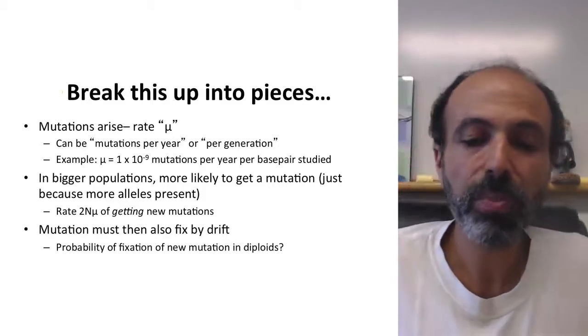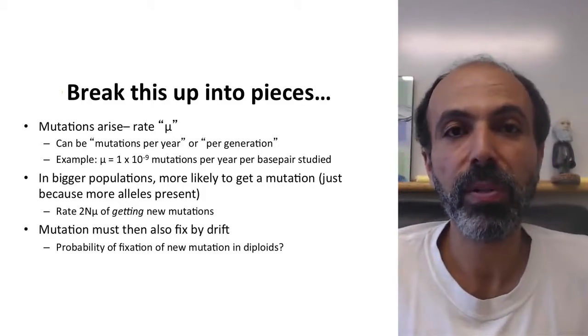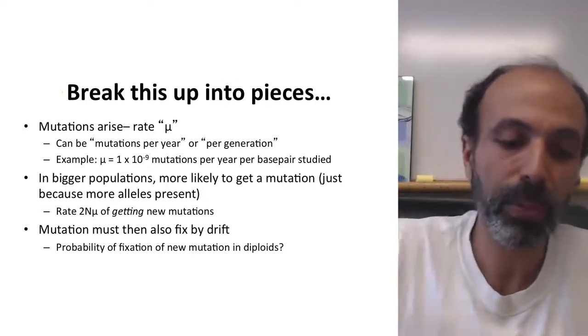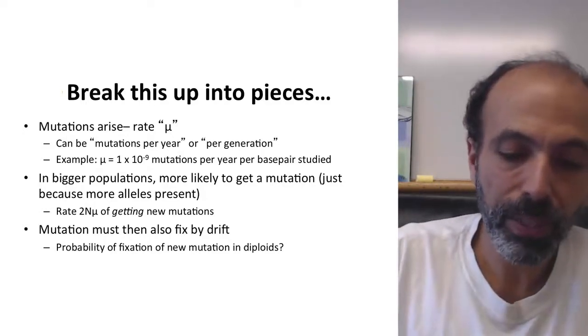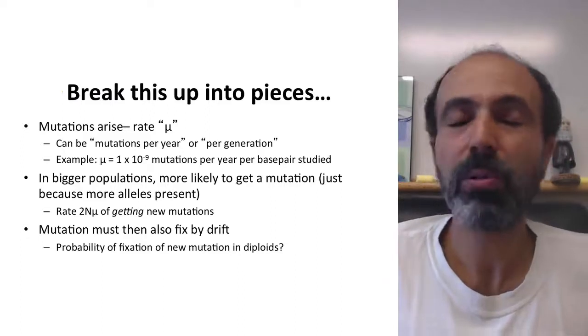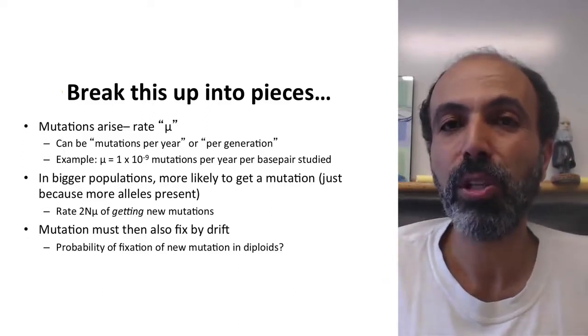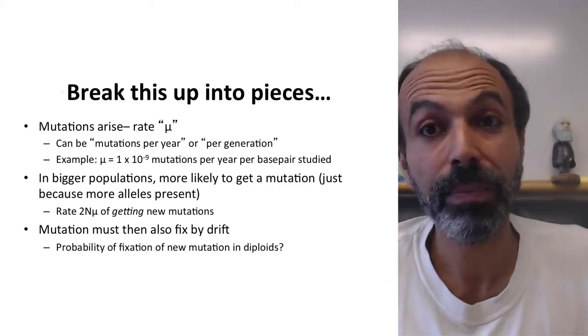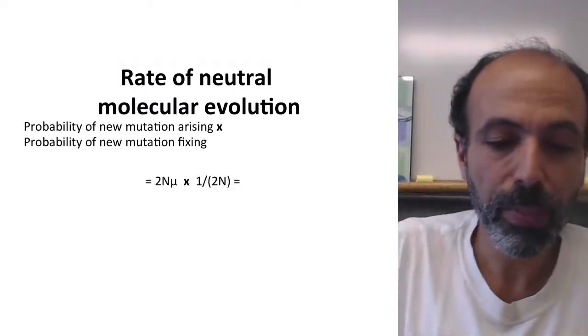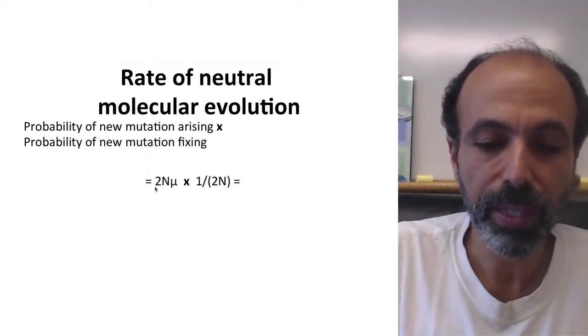Now, the mutation must also fix by genetic drift. It has to go from this rare starting frequency all the way up to 100%. So what is the probability of fixation of a new mutation in a diploid? Well, we talked about the probability of fixation of alleles by genetic drift. Let's put these two pieces together. The probability of a new mutation arising, we said, is 2N mu.